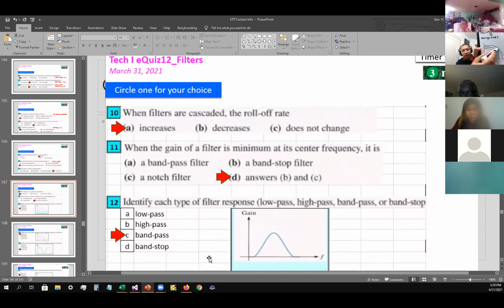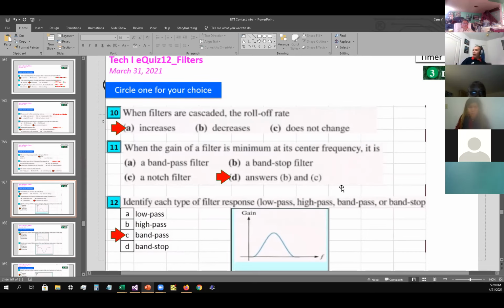This is like a single pole, the next one is a 2 pole, and the next one is a 3 pole. So they will increase that. So that's 10A.